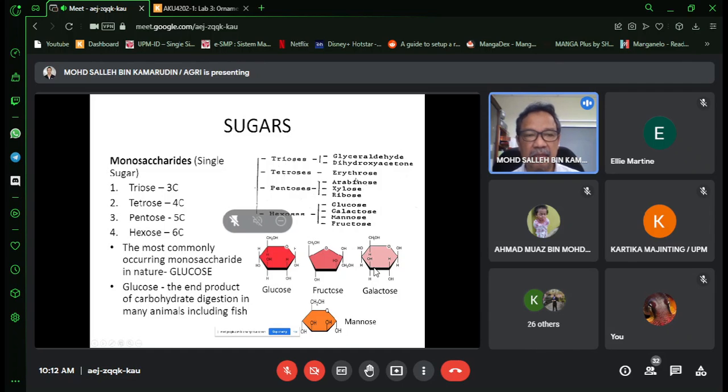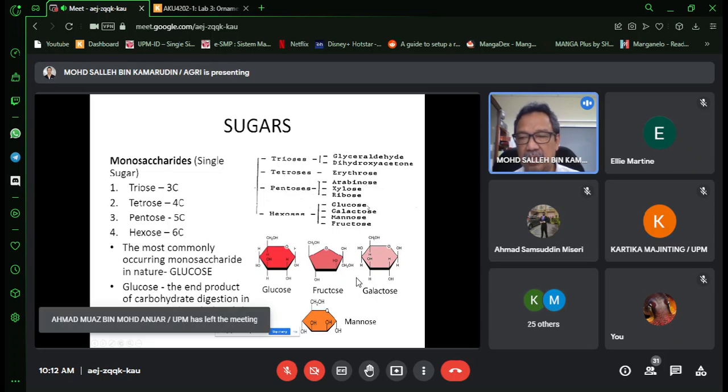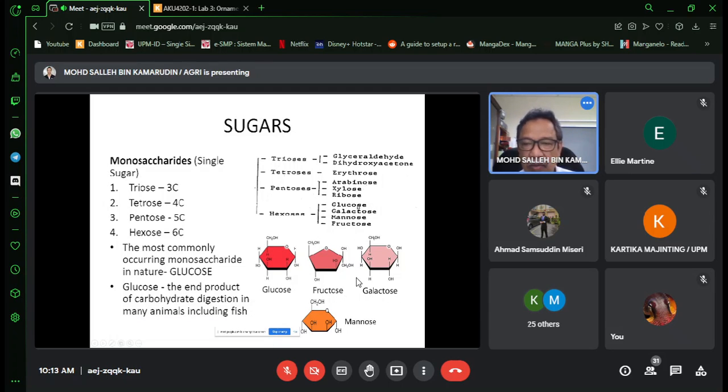Then we have tetrose, just one, erythrose, and pentose, which contains 5 carbons: arabinose, xylose, and ribose. While the hexoses include glucose, which is quite common, especially in plants, and then galactose, mannose, and fructose.